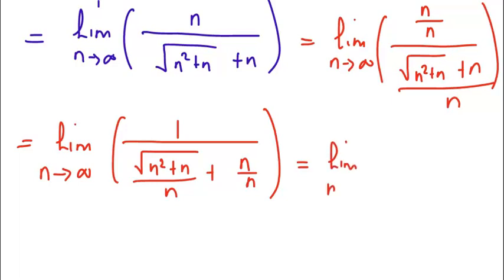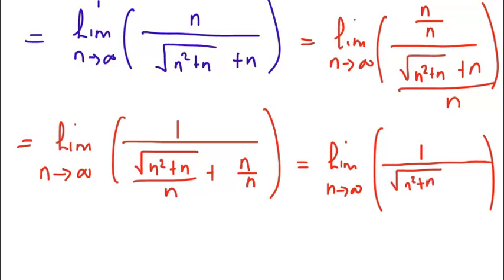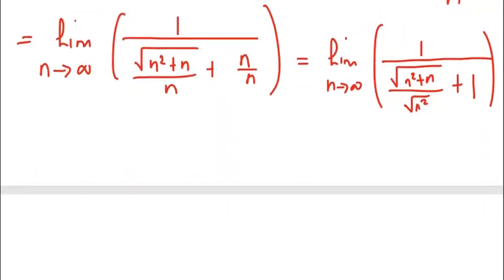So this is going to be equal to limit as n is approaching infinity. So we have 1 divided by, now here comes the magic. Because we have radical, we can write this as square root of n squared plus n, then divided by square root of n squared. Did you get the idea? And here plus 1. Now, we have radicals, right? So this is going to be equal to limit as n is approaching infinity.